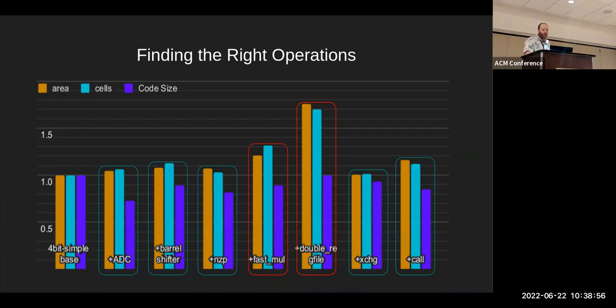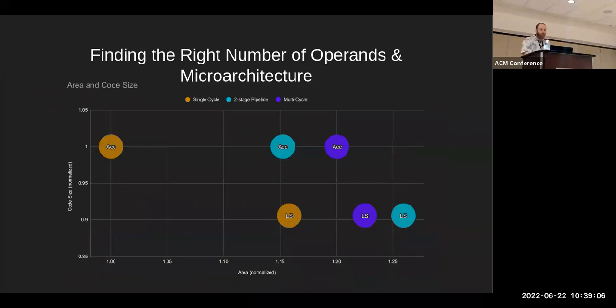Furthermore, although the built FlexiCores are single-cycle accumulator machines, it is worth exploring both the number of operands in each instruction as well as the microarchitecture of the FlexiCore designs. We looked at the number of operands for each instruction as well as the microarchitectures. Load store machines have larger core area but have smaller code size than accumulator machines. We also looked at multi-cycle and pipeline designs.